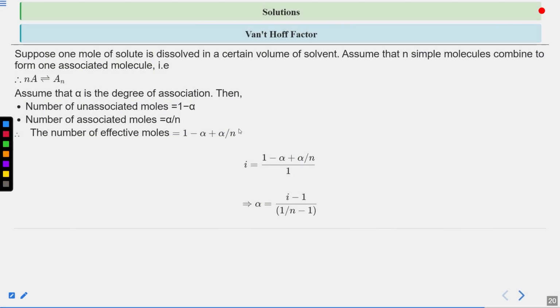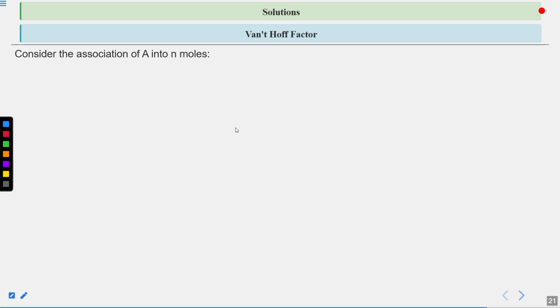Moving on to the case of dissociation. Suppose the same molecule which was associating earlier is now dissociating. It's not a perfect case, it is just an ideal case that we are considering here. Say we take a different molecule, again represented by A, and this A is being dissociated into n moles.